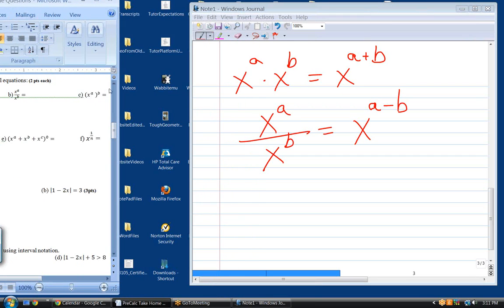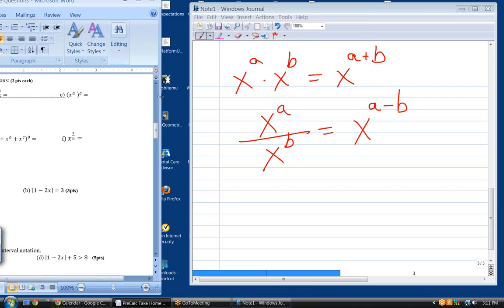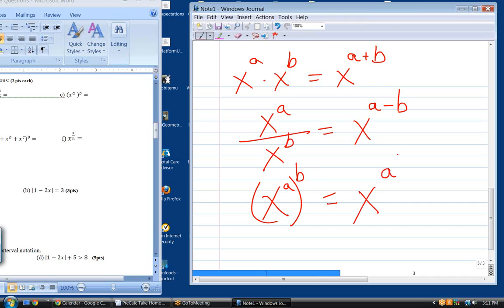And then the third rule when dealing with exponents with a common base is this one. If you have x to the a all raised to the b, in other words, if you have exponentiation, which is what this is called, right, then it's x to the ab, which notice that multiplication is one level less than exponentiation.